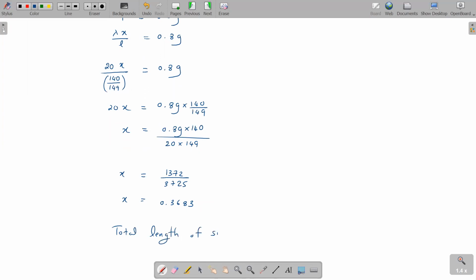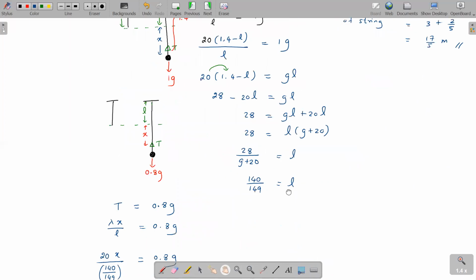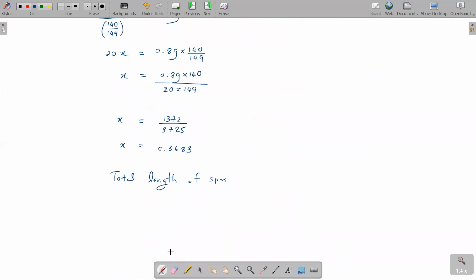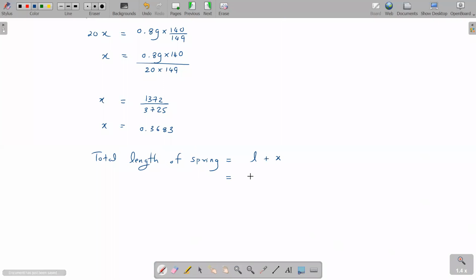Over here, I think it's a spring question. The total length of spring, right? Okay, so it's a spring. It's equal to the natural length plus the extension. Natural length was 140 over 149. Since I'm using that, we'll go with the x also with the exact figure.